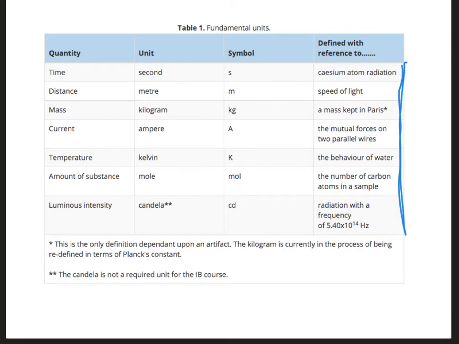So our fundamental quantities are time, distance, mass, current, temperature, the amount of a substance, and also luminous intensity. I'm going to go ahead and tell everybody right now, the candela or luminous intensity is not something that we'll be using in the course, but it is a fundamental unit. So we just got to be aware of it.